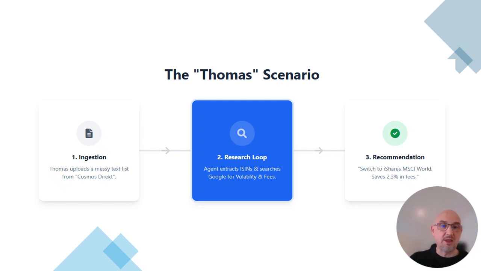He just gives the agent a list of available funds from his Cosmos Direct Riester policy. Then the agent will look through the options, rate them, and at the end make a recommendation based on his personal goals.